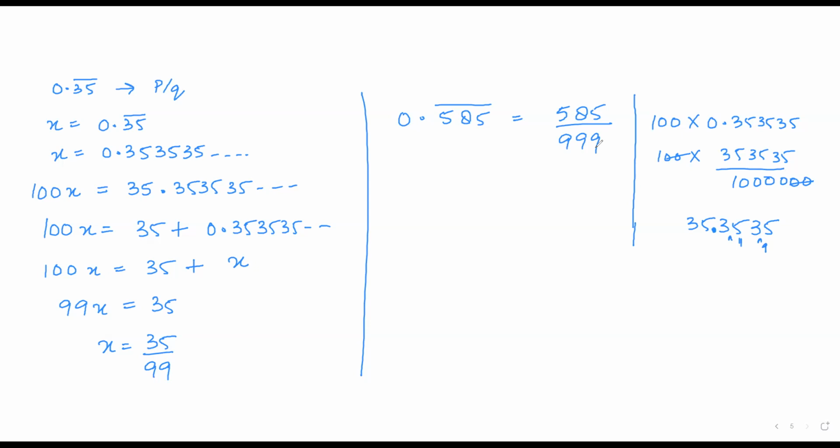Just 1 minute. I think there can be mixed questions also. Yeah, okay. Let me take one mixed question. For example, you have this kind of question: convert 0.3 and bar is only on 2. Is that okay? This kind of question can also be there.